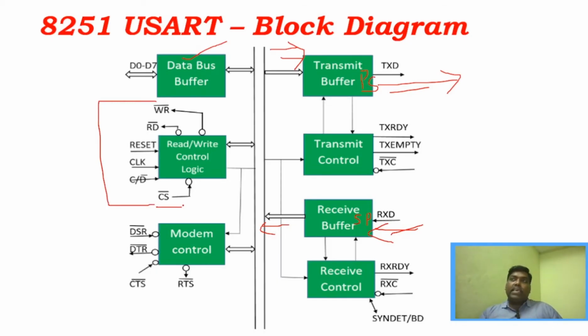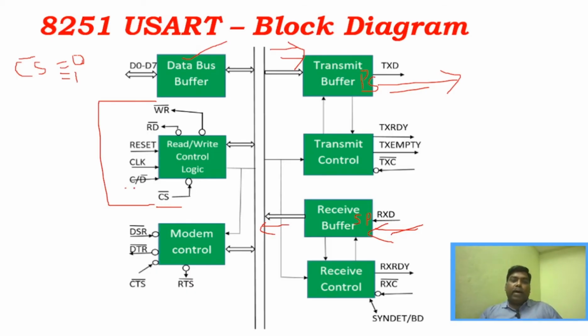Whenever we have CS bar, this signal will be active when it is 0 and it will be inactive when it is 1, right? So if it is 0, it will select the 8251 chip, and if it is 1, it does not select the 8251, right?